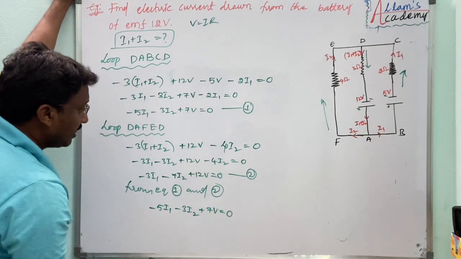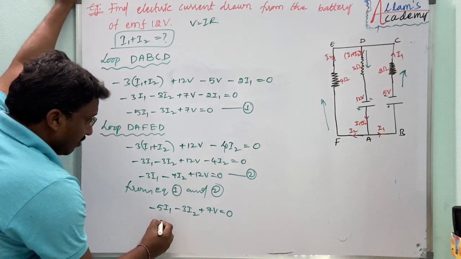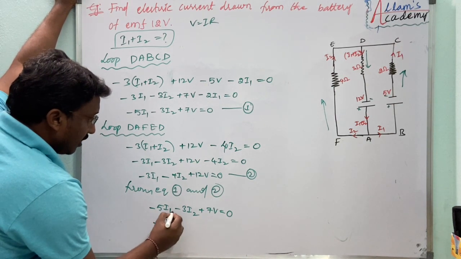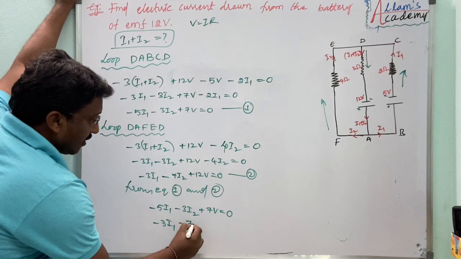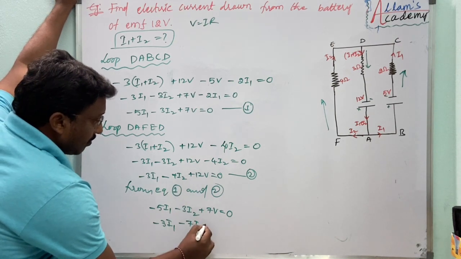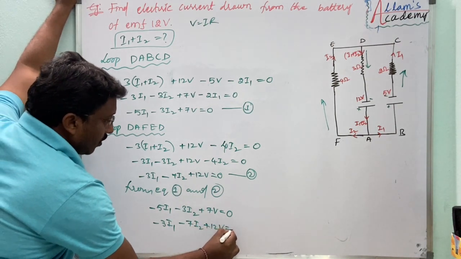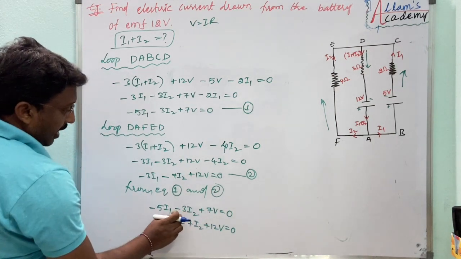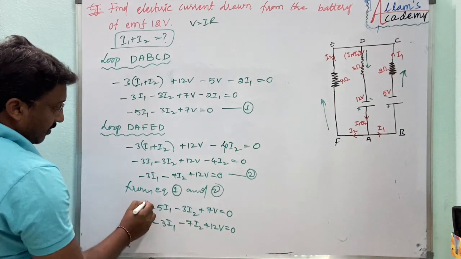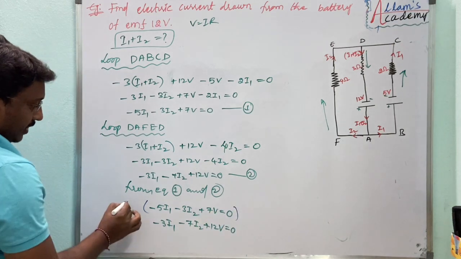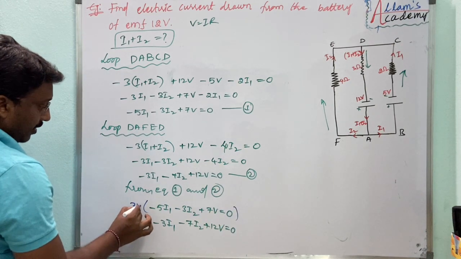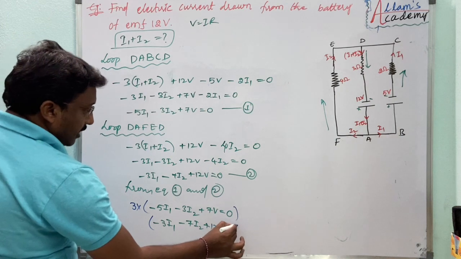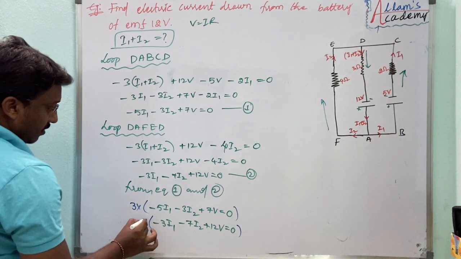The second equation is minus 3 I1 minus 7 I2 plus 12 V equal to 0. Here I am going to equalize these I1s, so I will multiply the first equation by 3 and the second equation by 5.